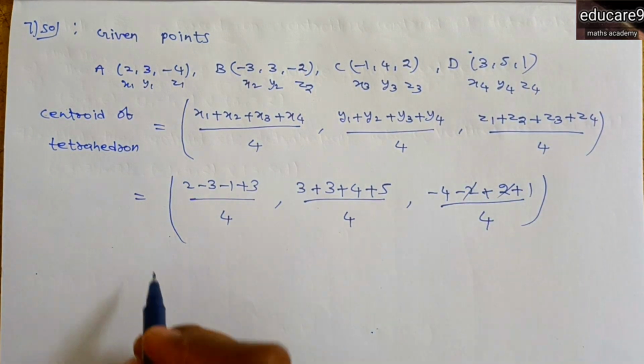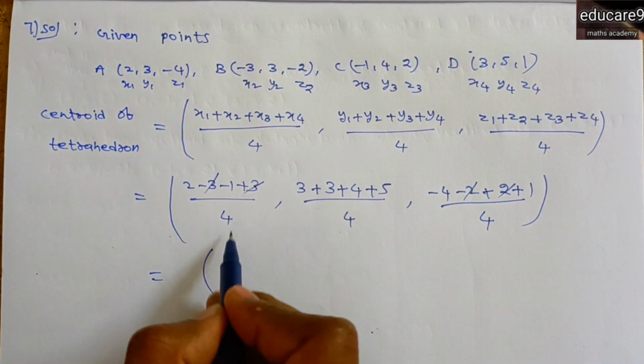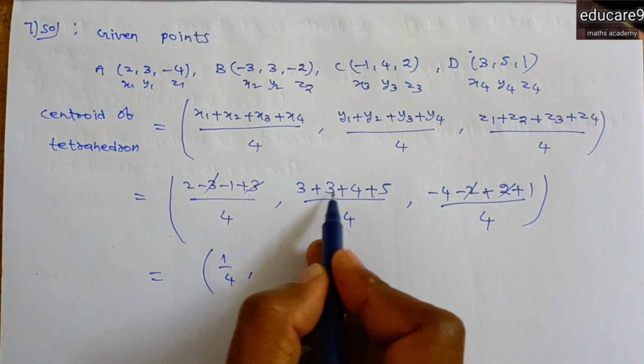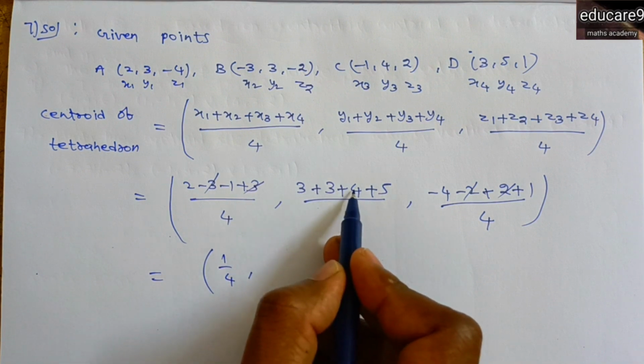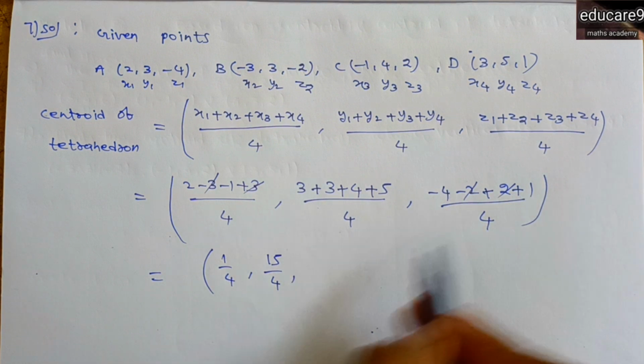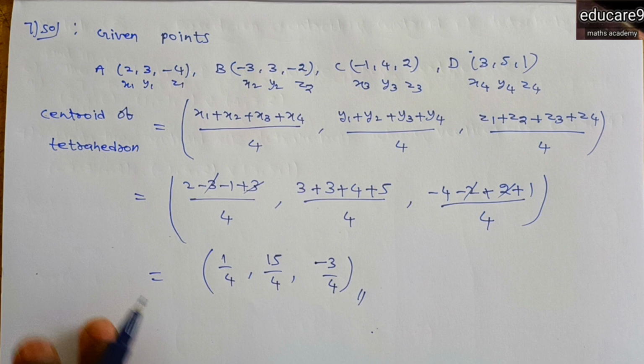Minus 2 plus 2 cancel. Minus 3 plus 3 cancel. So which is 2 minus 1, 1 by 4. 3 plus 3, 6 plus 4, 10 plus 5, 15 by 4. Minus 4 plus 1, minus 3 by 4. So this is the centroid of the tetrahedron.